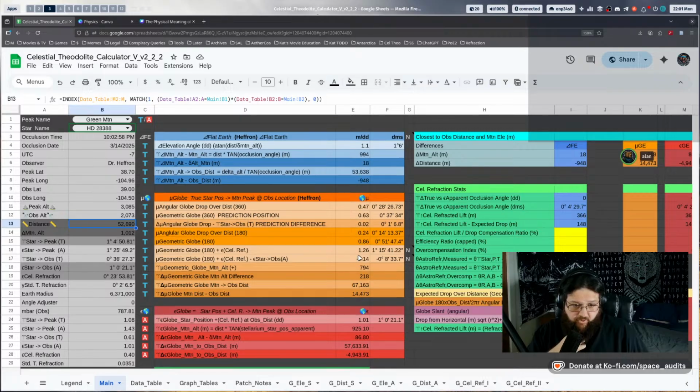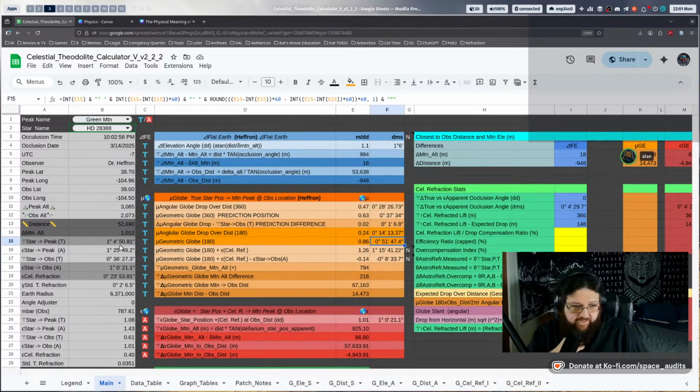And for the globe, they get 794 for elevation, and they get 67,163 for distance. And for the refraction amount, they have 23 arc minutes. When we convert that all into meters, that gives a lift of 366, and they expected 217 for drop over distance to create the 51 arc minute prediction there.